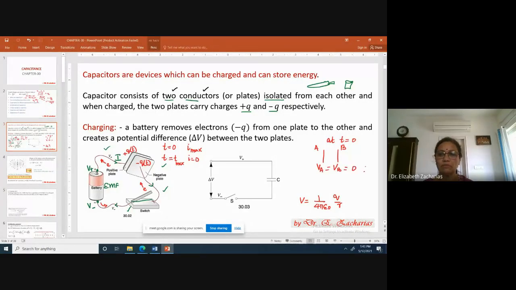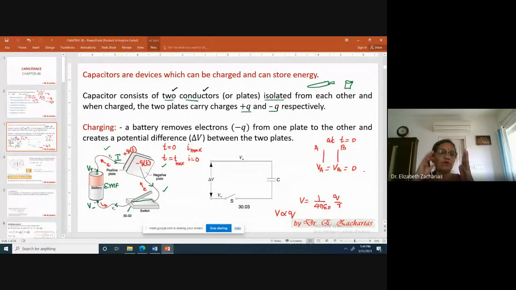So initially, at time t equal to 0, VA will be equal to VB will be equal to 0. But the minute you connect your battery, and you start plucking out the electrons, slowly you can see that the potential is proportional to the charge. Therefore, as the charging keeps taking place, A and B slowly start having different potentials.